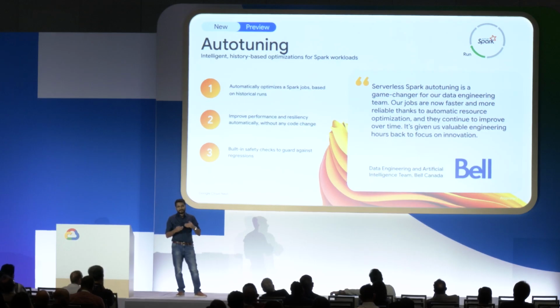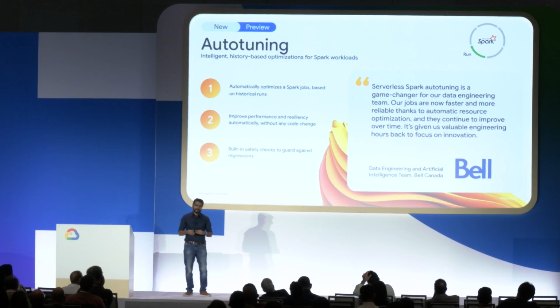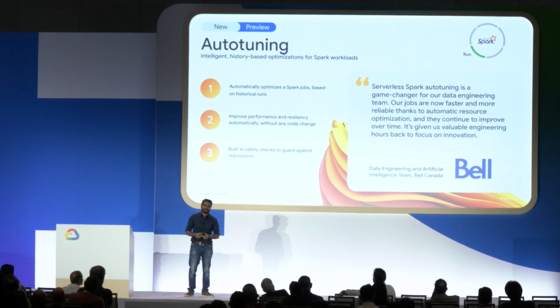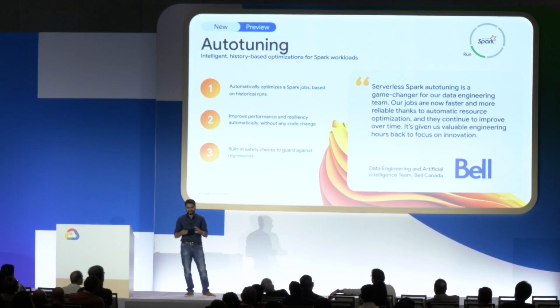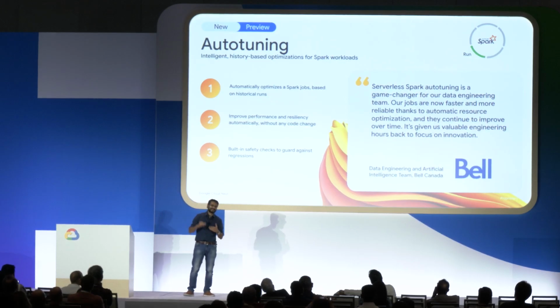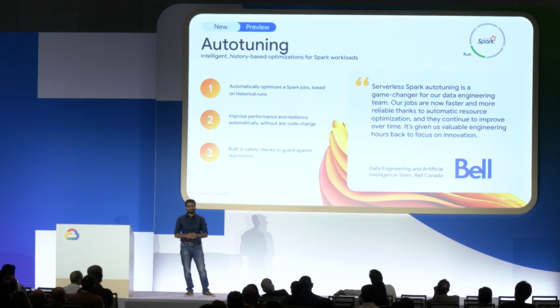Now, what's the difference between auto-tuning and Lightning Engine? Imagine you have written a Spark job. OK, I already saw a lot of hands here who have written data science workloads. How many of you have tuned a Spark job? Raise of hands? Few.